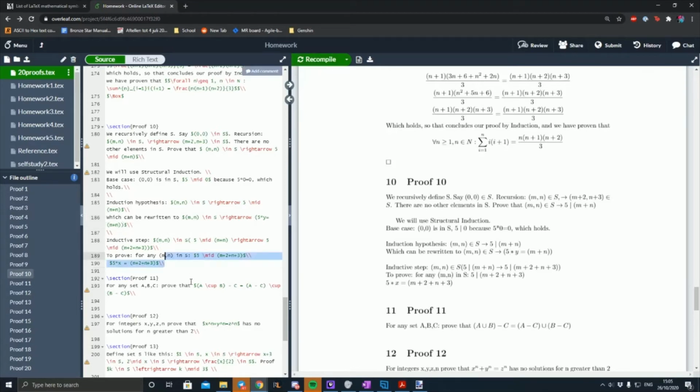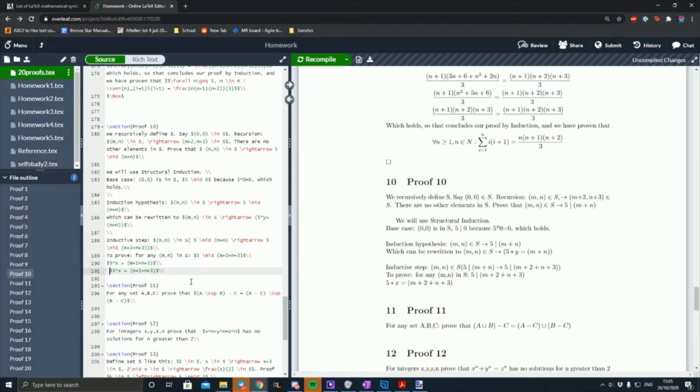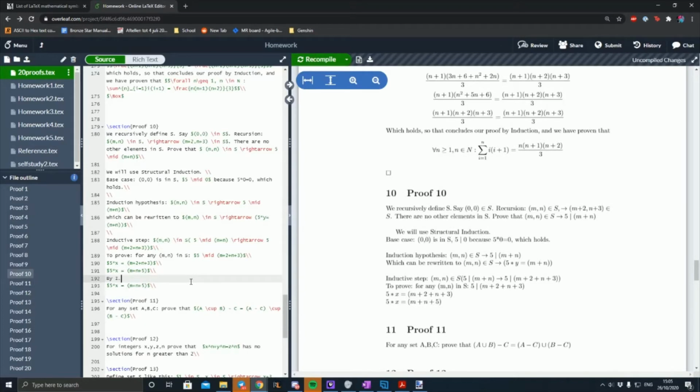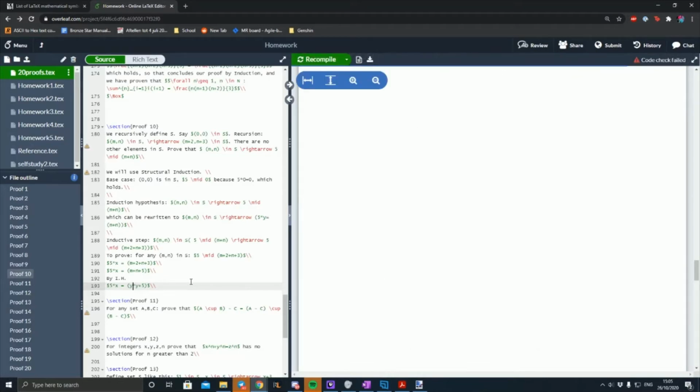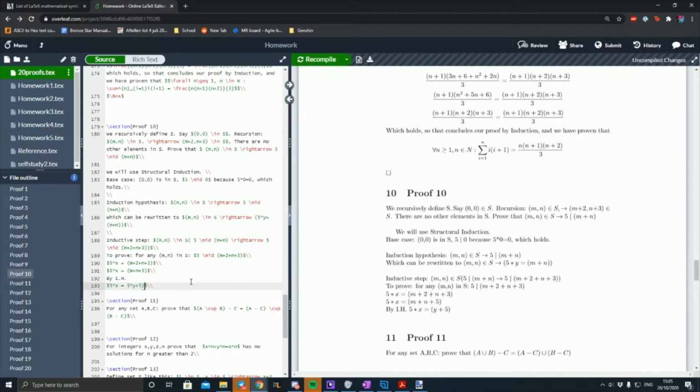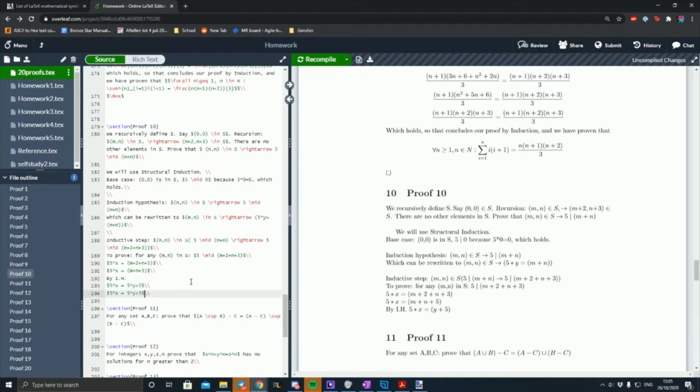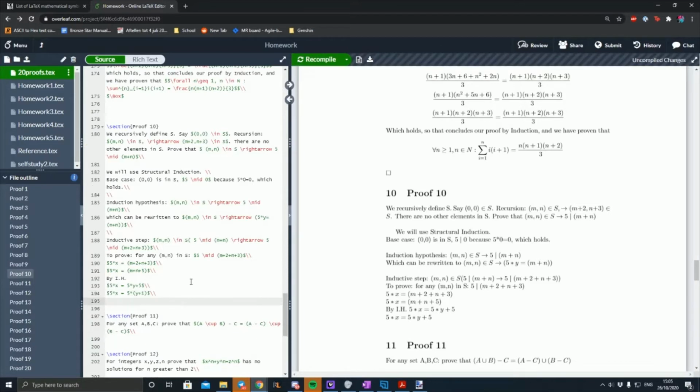Then we can rewrite this to 5 times x equals m plus n plus 5. By the induction hypothesis, m plus n is equal to 5 times y, or yeah, 5 times y plus x. And then we can say, okay, 5 plus x is 5 times y plus 1, which holds for some integers x, y.